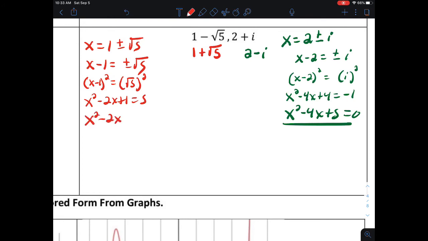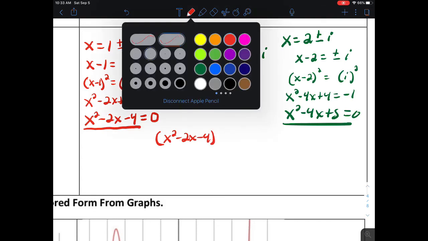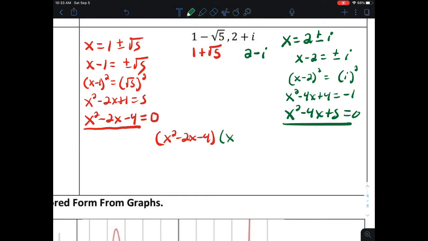So x squared minus 2x minus 4 is equal to 0. Now, we just multiply those products together. So in factored form, that polynomial would be x squared minus 2x minus 4 times x squared minus 4x plus 5. And then if needed, we would multiply it all the way out. And I'm going to go ahead and do that.